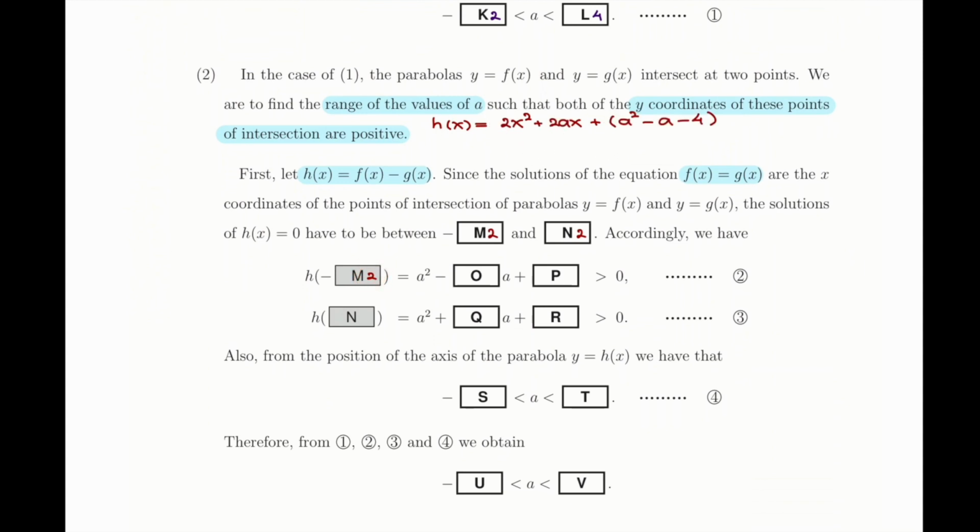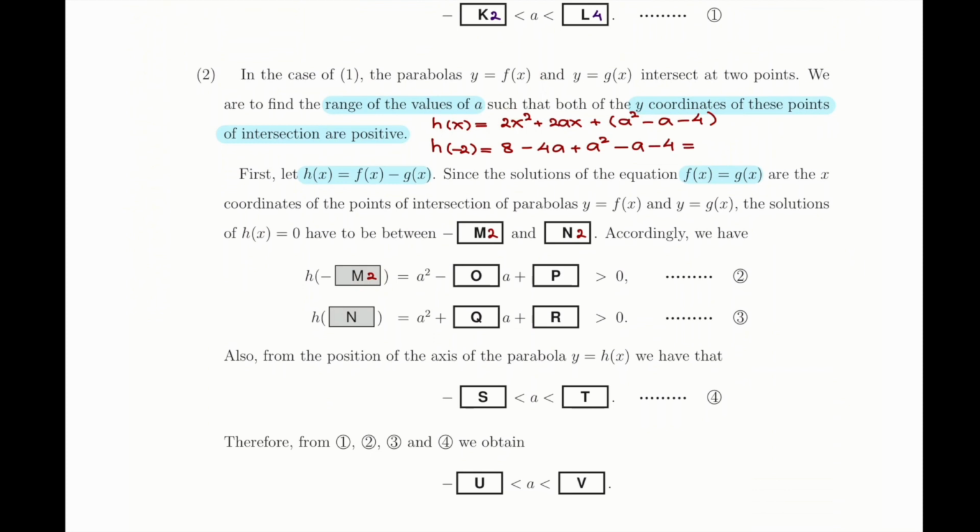Then we will get -2 squared becomes 4. 4 times 2 becomes 8. Minus 4a plus a squared minus a minus 4.